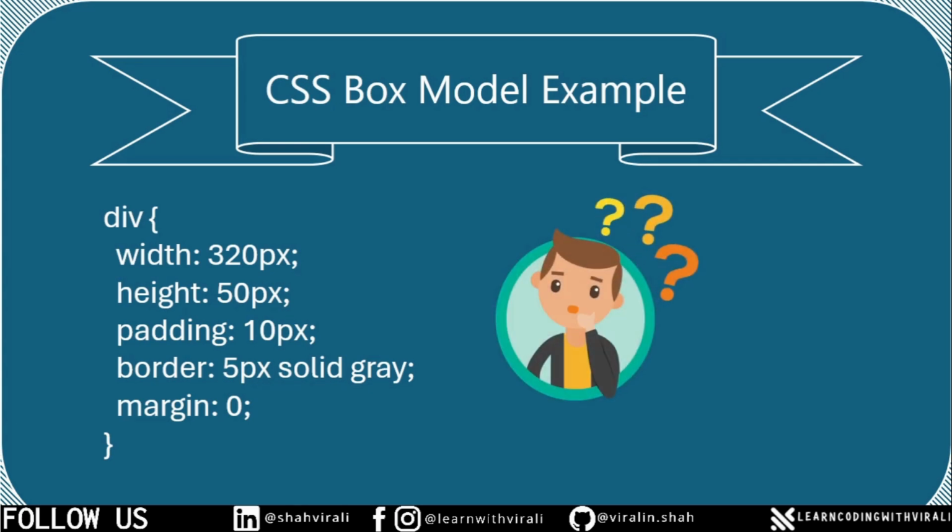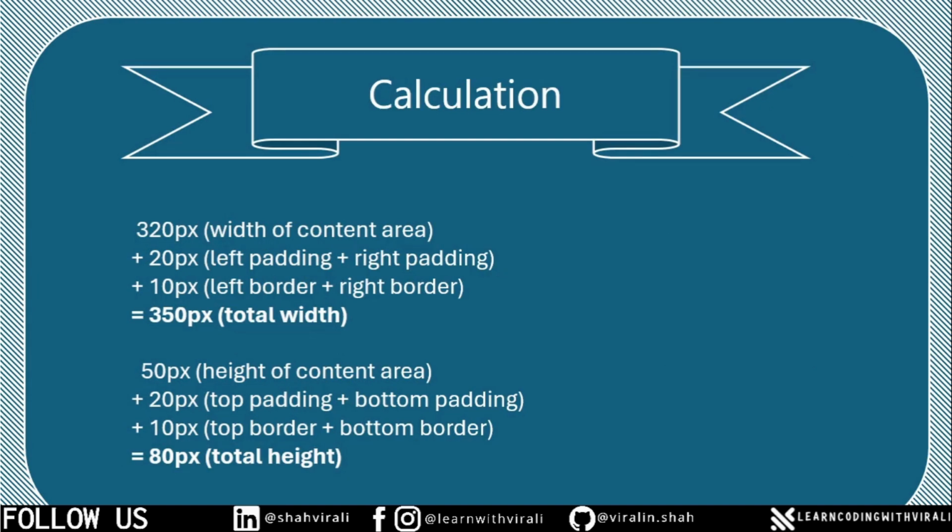Then we would have a question: how do we calculate height and width? Is there any way that we can calculate the total width and the total height? Yes, absolutely. There is a set formula that we can use in order to calculate the total height and total width of the element. Here we have taken 320 pixels as the width of the content.